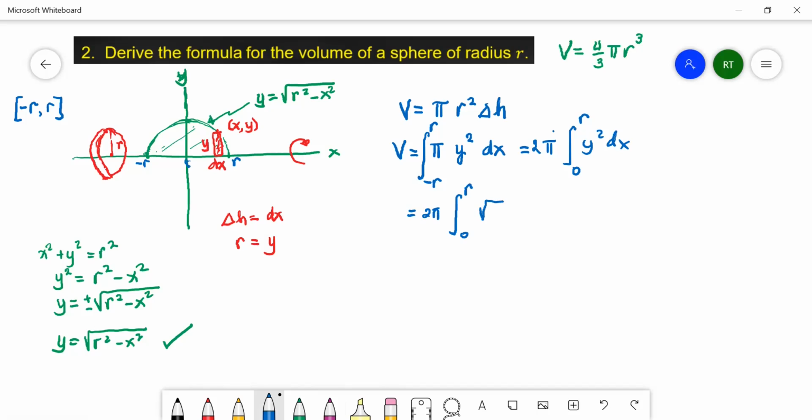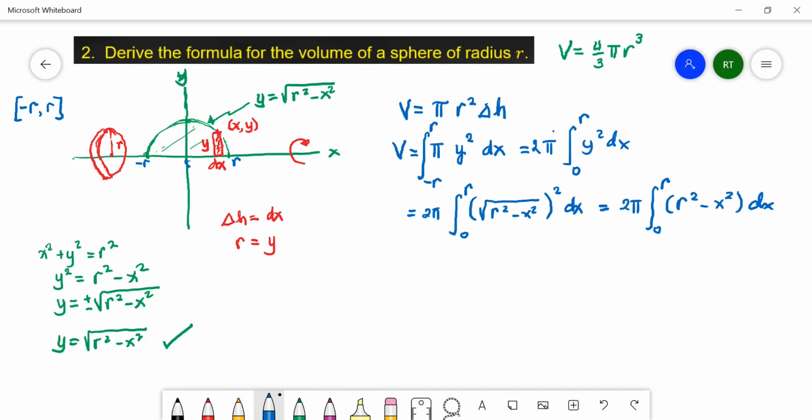Y is the square root of r squared minus x squared, then square this, times the differential of x. Hence, if we simplify, then volume is equal to 2 pi integral from 0 to r of the quantity r squared minus x squared times the differential of x.